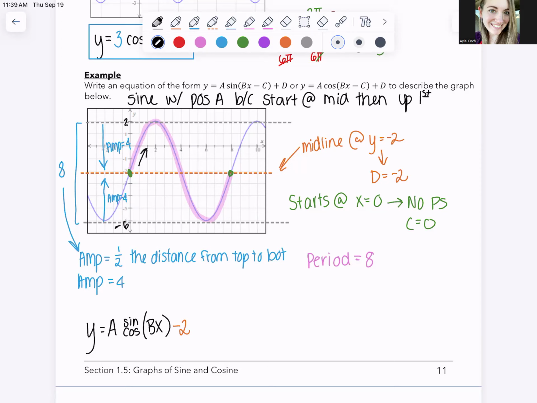All right. So that means that a is positive and the amplitude is 4. That means that a is positive 4 instead of negative 4. So now we can fill that in. 4, and we know that it's sine because it starts at the midline.